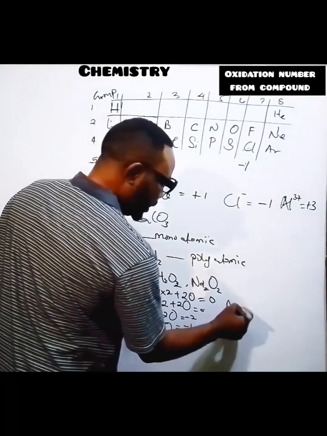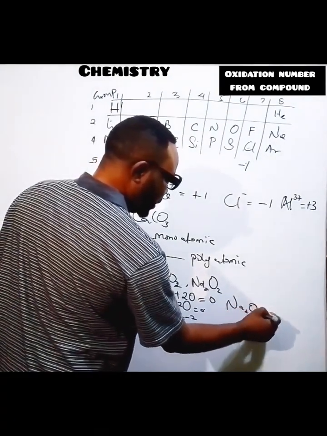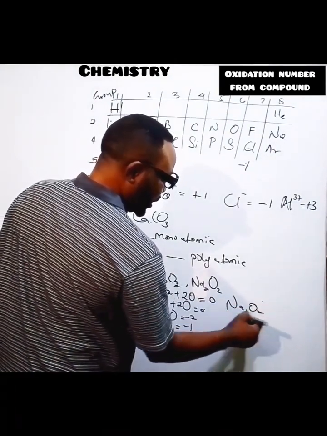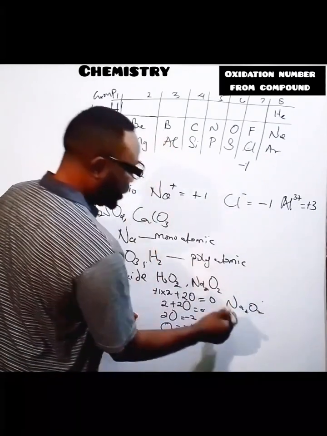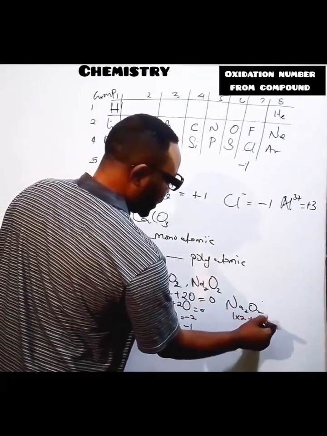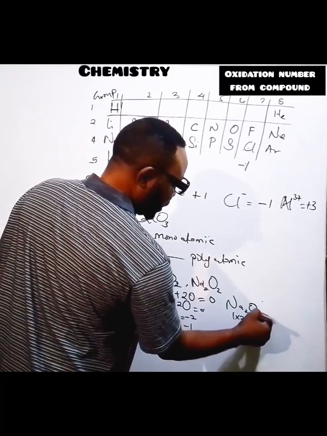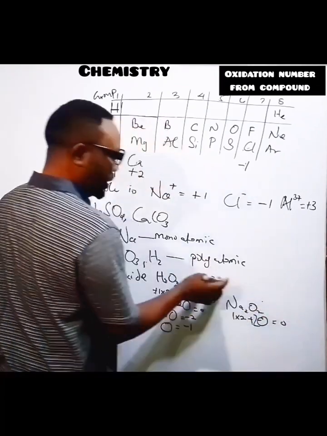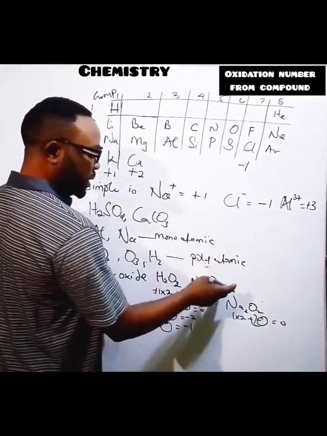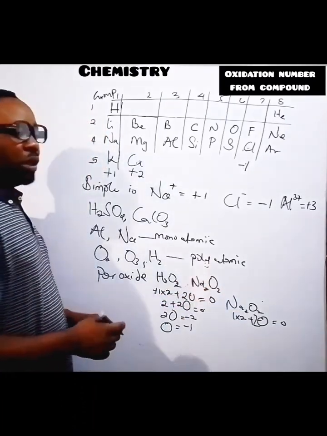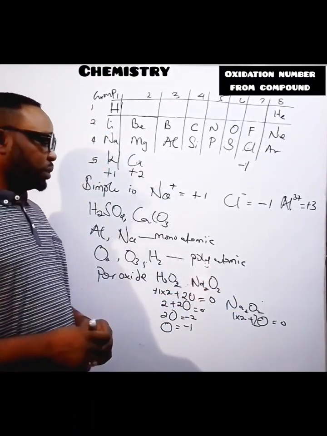Now, in Na2O2 as well, I want to check the oxidation number of oxygen. Sodium is found in group 1, that's 1 times 2, plus 2 oxygen, is equal to 0. You can see that this is a compound, and when you add the oxidation numbers together, they always equal 0.